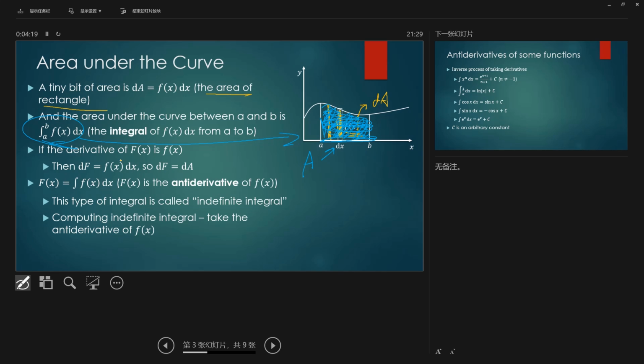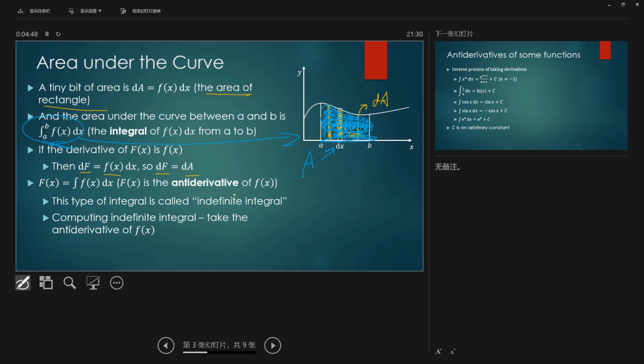So if we let the derivative of capital F(x) equal lowercase f(x), we can write that the differential of capital F equals lowercase f(x) times dx. So here dF equals dA, which is the tiny little bit of area of the rectangle.